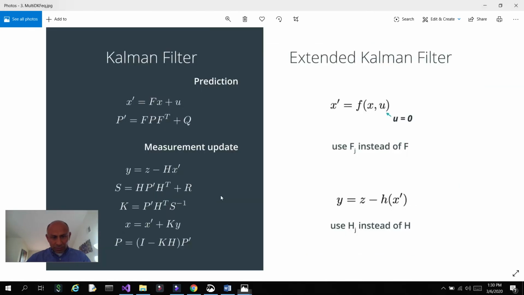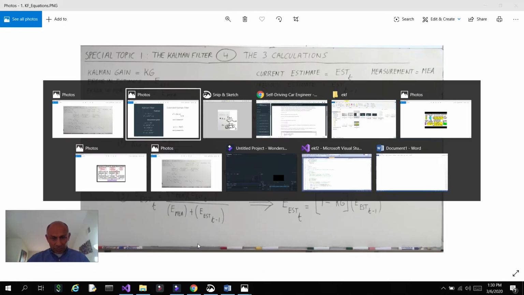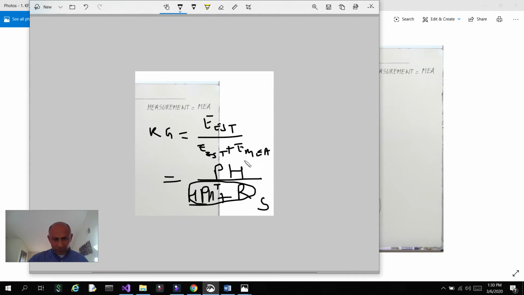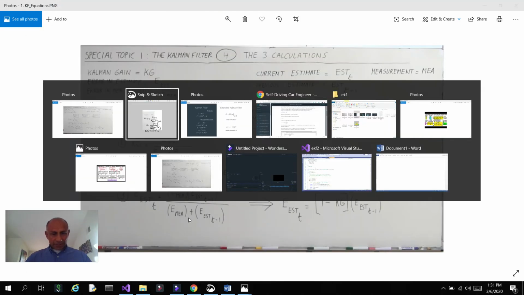Sorry, this one should have been H transpose. So we called H P H transpose plus R as S, and Kalman gain will be P H transpose S inverse. Okay, so that's Kalman gain, and that takes care of that one equation.